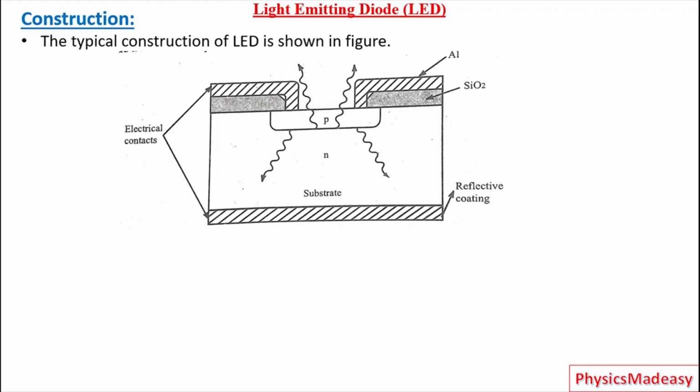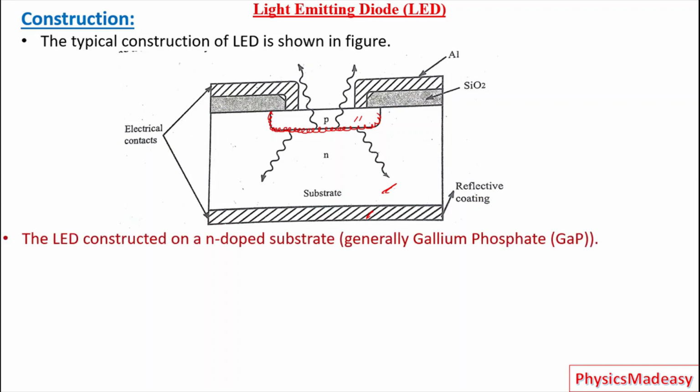Now come to the construction of LED. A typical construction of LED is shown here, which consists of a reflective coating on a substrate with N-type and P-type layers, and the most important thing is that this junction should be near to the exit. So LED is constructed on an N-doped substrate, generally gallium phosphide.